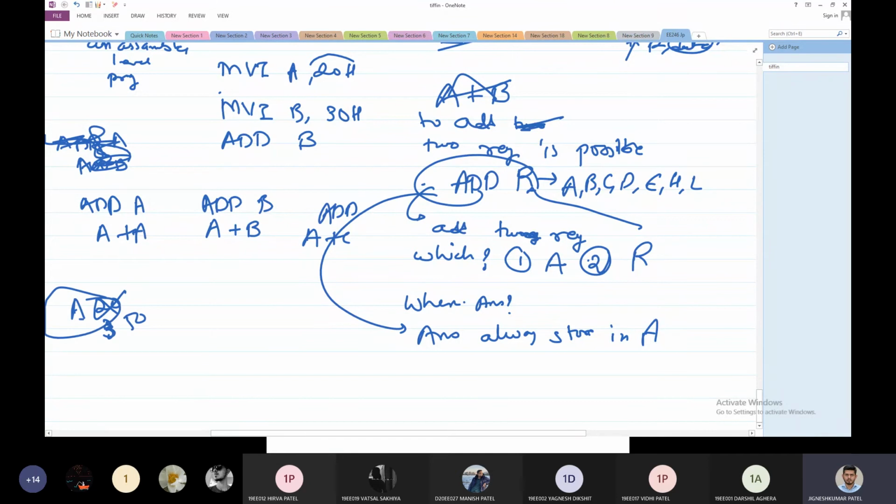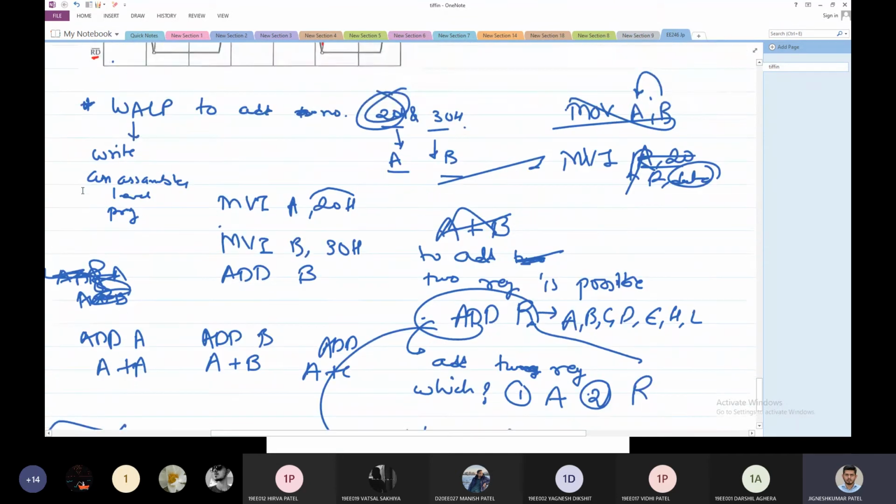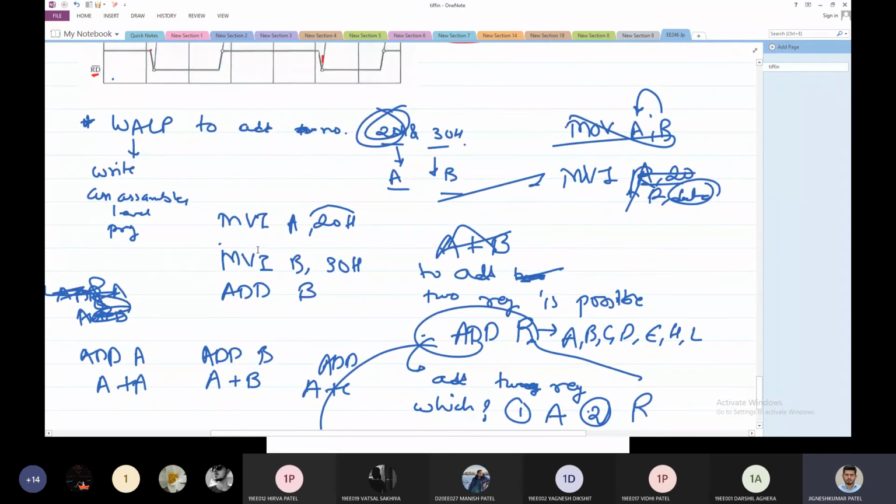So this is how a program is done. This is the program of adding two numbers using 8085.